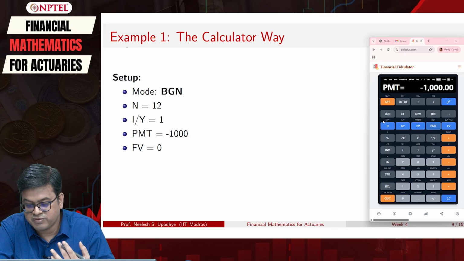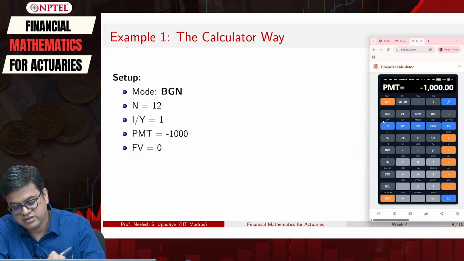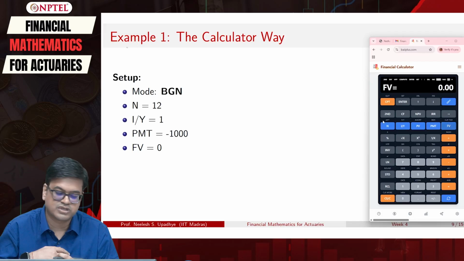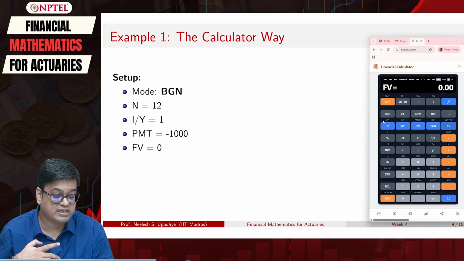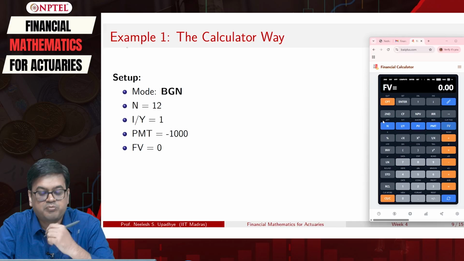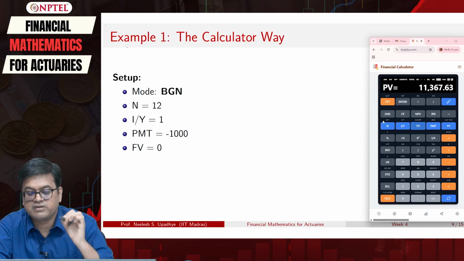And what future value do you expect from this transaction? It's going to be 0, right? So I will enter 0 and I will press it as the future value. So what I am calculating here is present value, right?